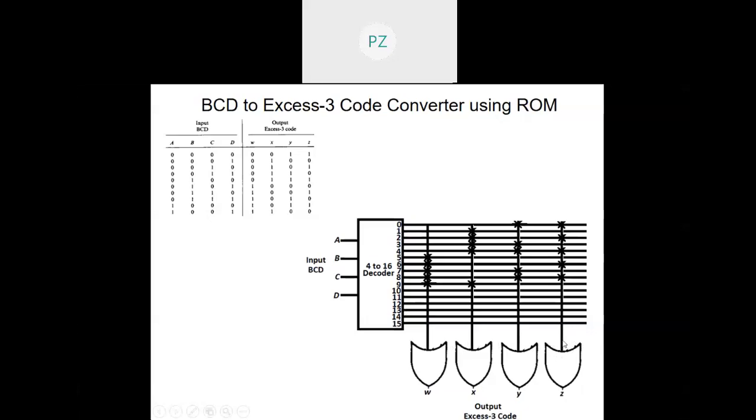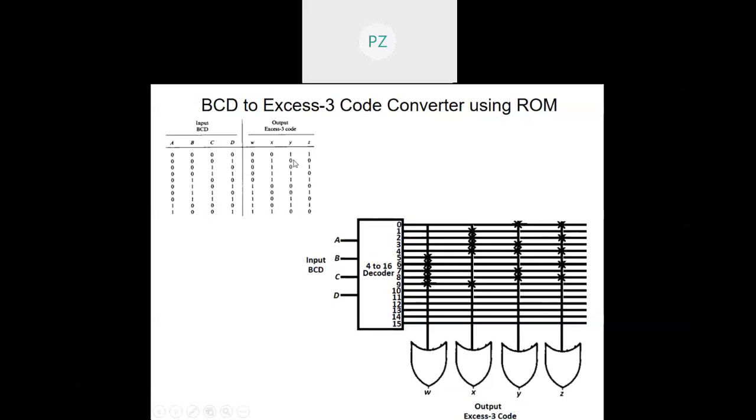So instead of showing 16 vertical lines and 16 fuses here, what we have shown is which minterms will be connected to this OR gate input and which are not. Since M0 is 1, I show it connected. M1 is not connected, so I'm not showing a connection here. M2 is connected, M3 is not connected, M4 is connected, M5 is not connected, M6 is connected, M7 is not connected, and M8 is connected, right?